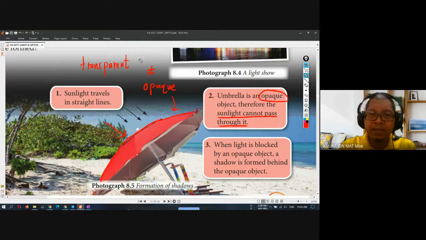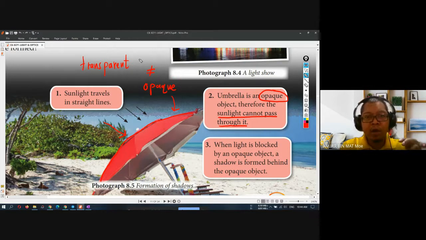Glass is what we call a transparent object, because the light is able to pass through it. With an opaque object, the light cannot go through. For example, wood is an opaque object. Another example is iron. Iron is also an opaque object because the light cannot go through.